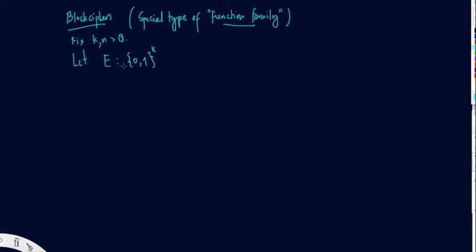So let's let E be a function family. E is going to take inputs that are k-bit strings, and it's also going to take inputs that are n-bit strings, and it's going to output n-bit strings.